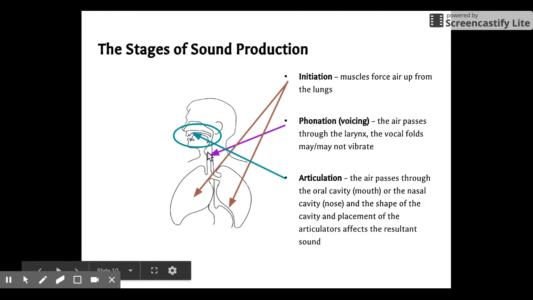If the vocal cords are open, then we have a voiceless sound. If the vocal cords are drawn together, closed, then we have a voiced sound. And then in the final stage, articulation, different configurations of your mouth and oral cavity give us different sounds.